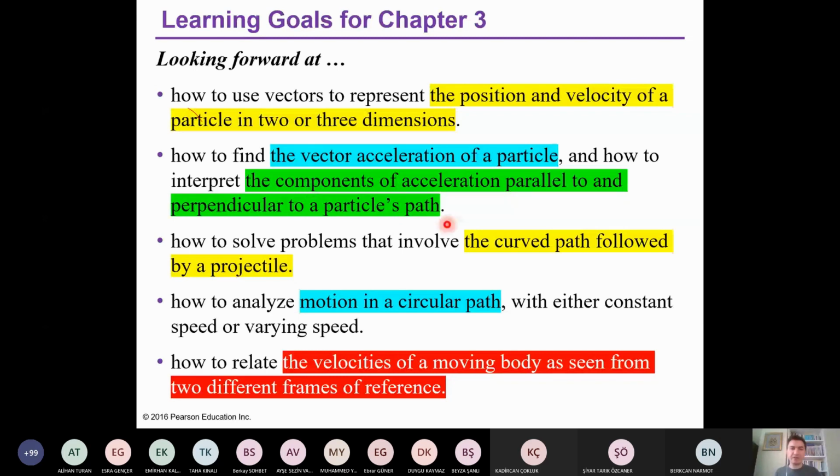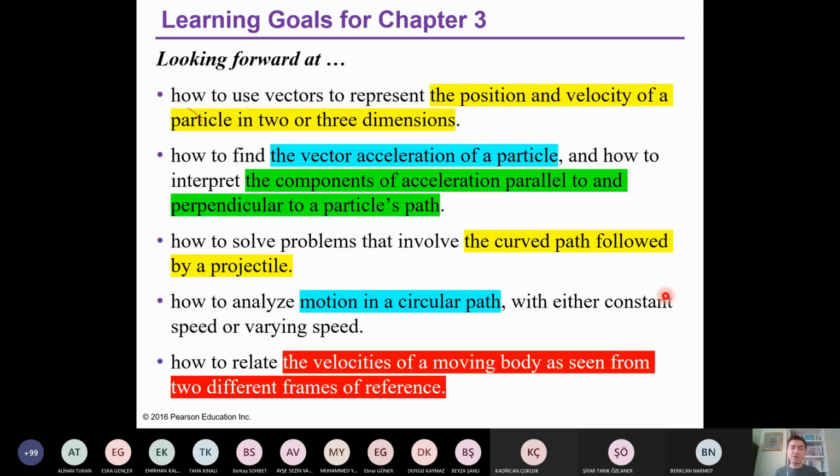In addition to that, we will deal with problems that involve the curved path followed by a projectile. Projectile in Turkish is mermi. Okay, and next lecture on Thursday, we will continue with motion in a circular path with either constant speed or varying speed, a very important topic in physics.